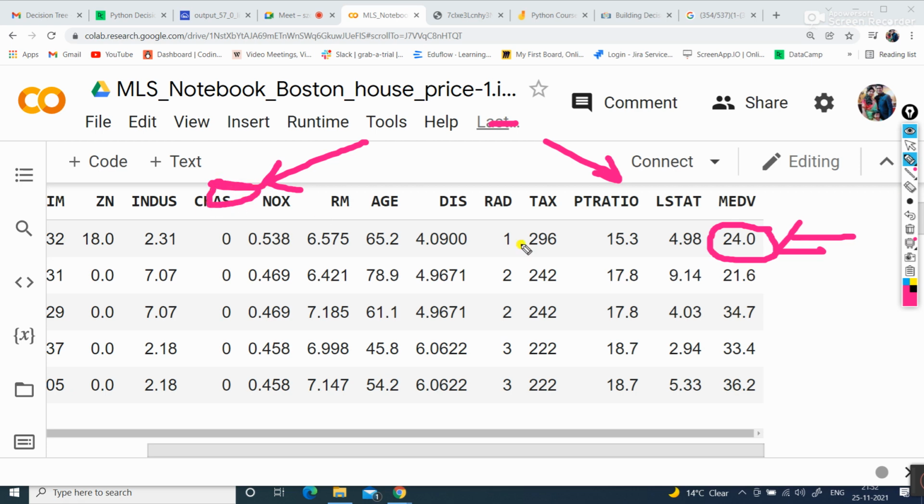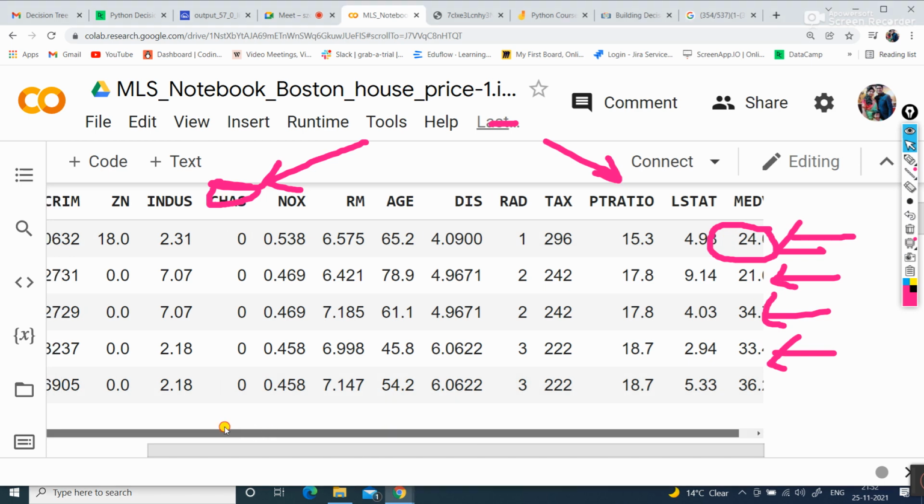Stating that this LSTAT is going to the right would be a wrong statement. The entire row goes left, and the same thing applies for the rest of the rows in the data set.